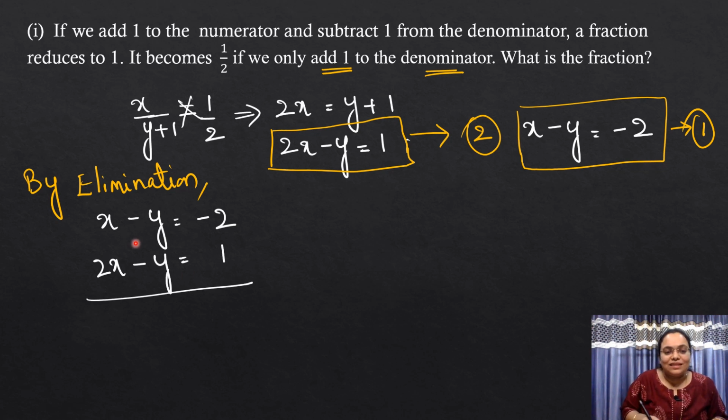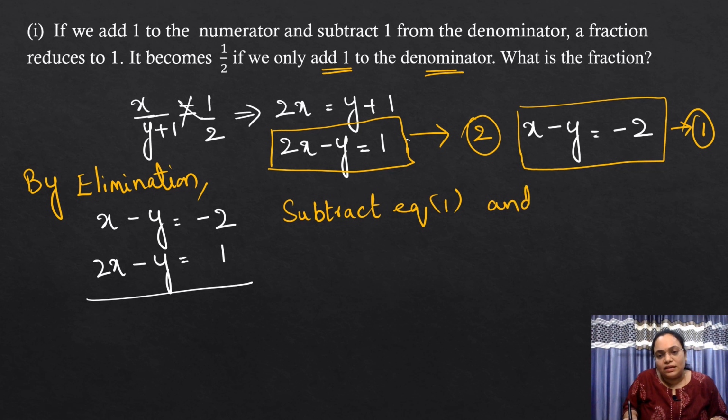By seeing these two equations, we can say that the coefficients of the y variable are equal. So by subtracting them, we can eliminate the y variable. So subtract equation 1 and equation 2. This will be eliminated.